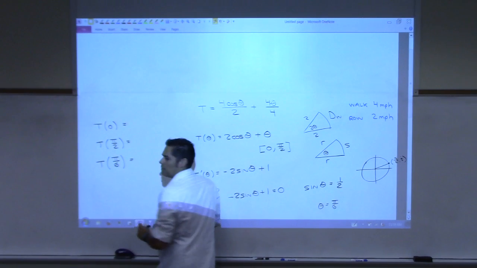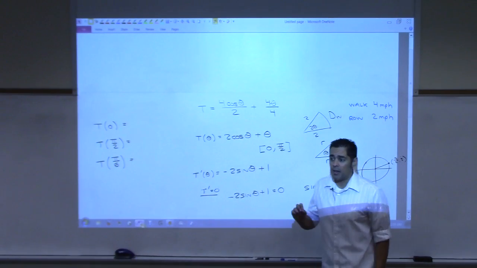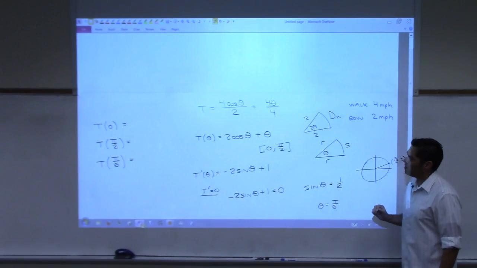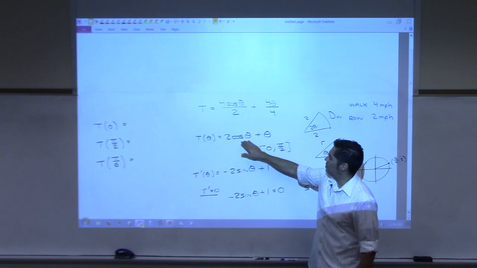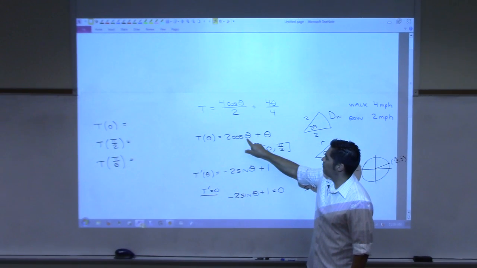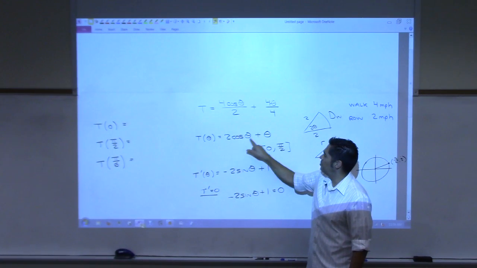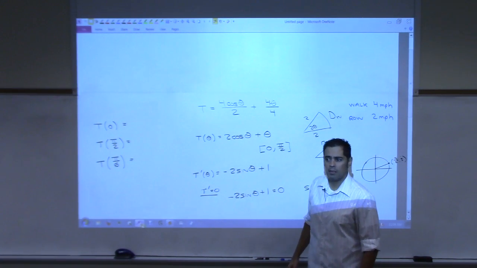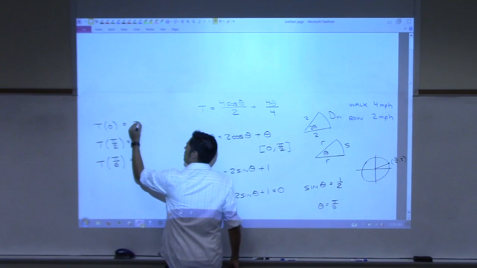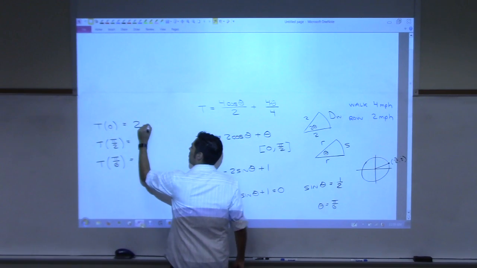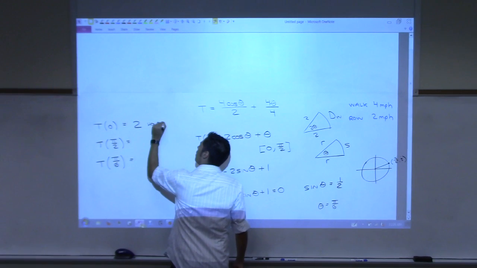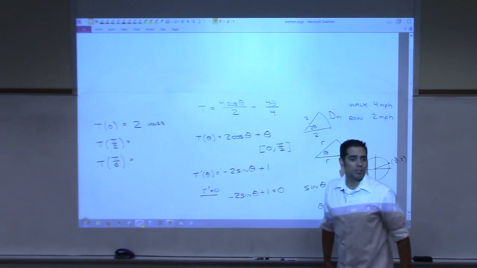I'm looking for the minimum value. All right, what happens if I plug in 0 into this? Cosine of 0 is 1, times 2, so that's 2, and then 0 here, so we get 2. And this is time, so it's going to take her 2 hours to row across.